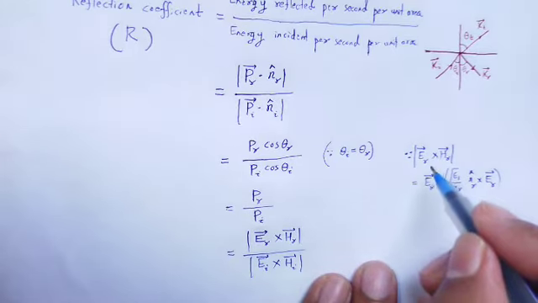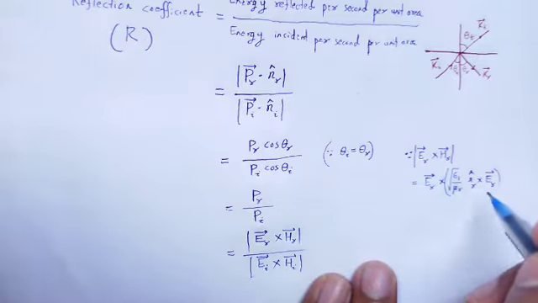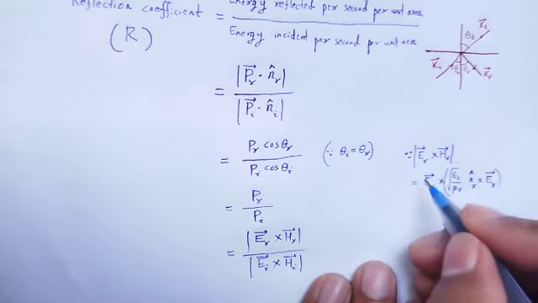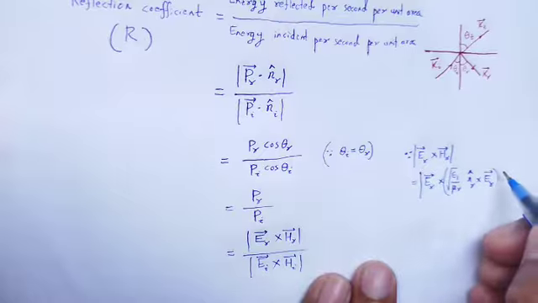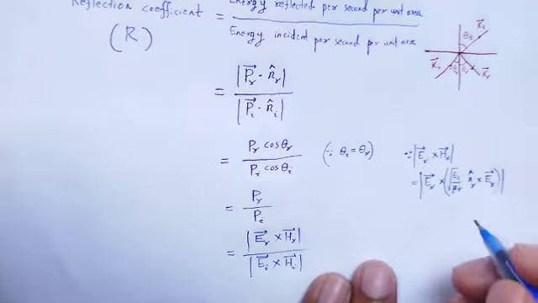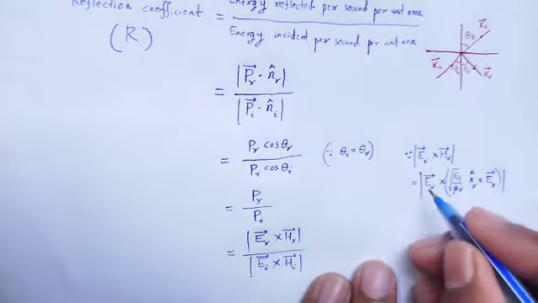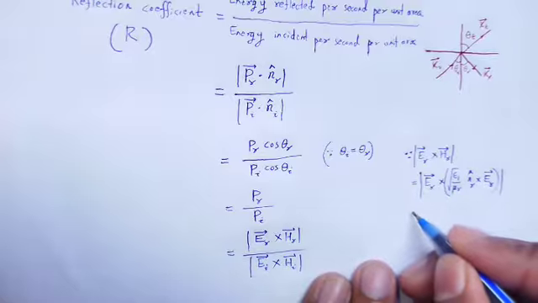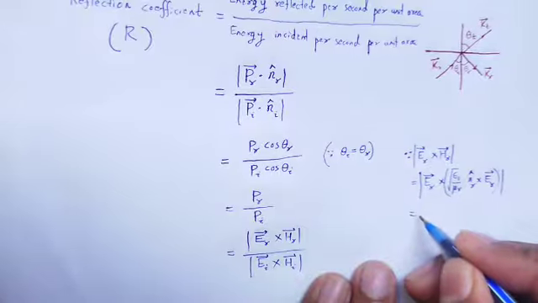The relation between E vector and H vector is used, its magnitude. The A cross B cross C formula can be used here.